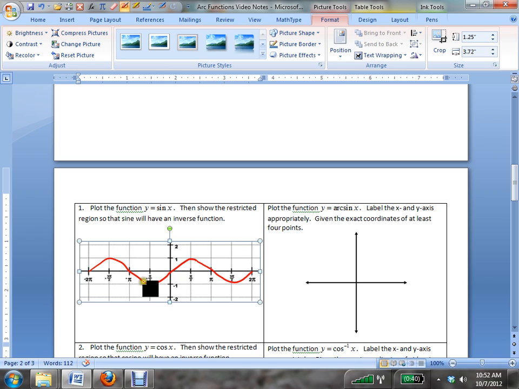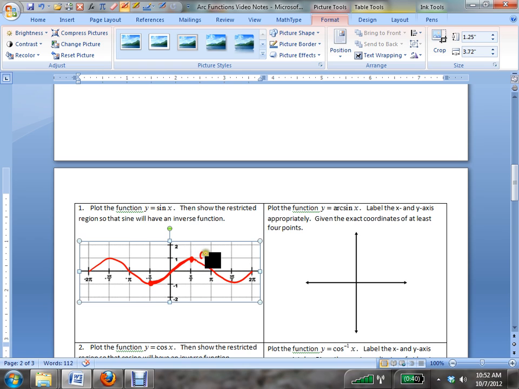We do that by selecting a section of the sine function that will pass the horizontal line test. By definition, this is always true. This is our definition. We are going to make the restriction between negative pi over 2 and positive pi over 2.